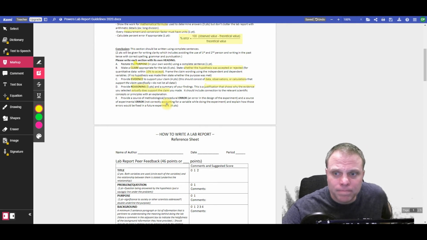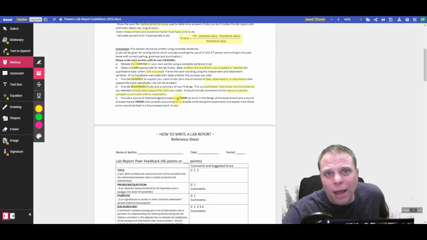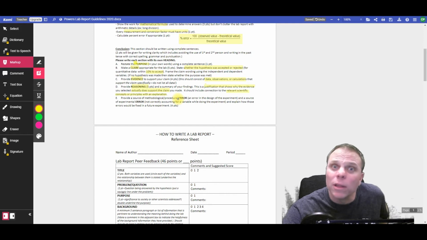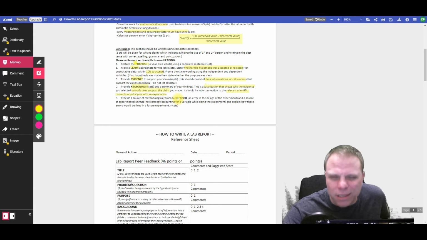It also should connect to relevant scientific concepts or principles with an explanation. So this is the part where you want to make sure to have some connection to your prior knowledge that really supports this, or maybe you did some research. Connect that research. If it helps us to understand why these two things are connected, that's reasoning, right? Then that's where we want to see this.